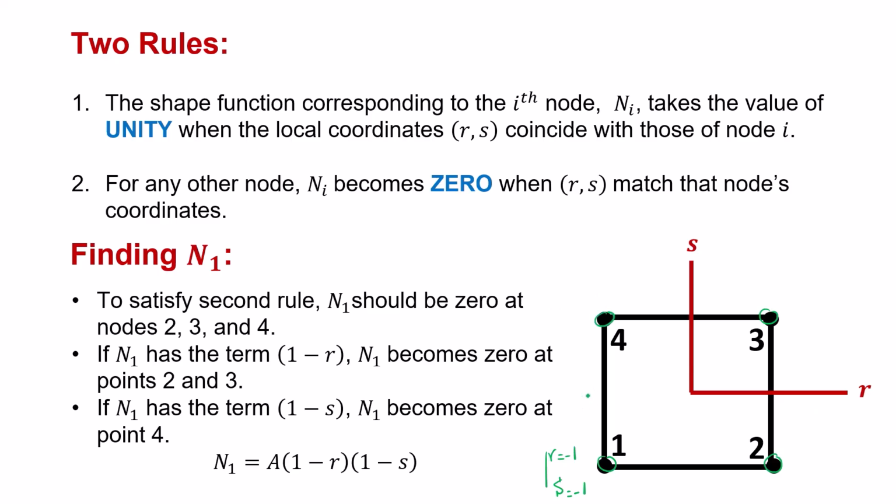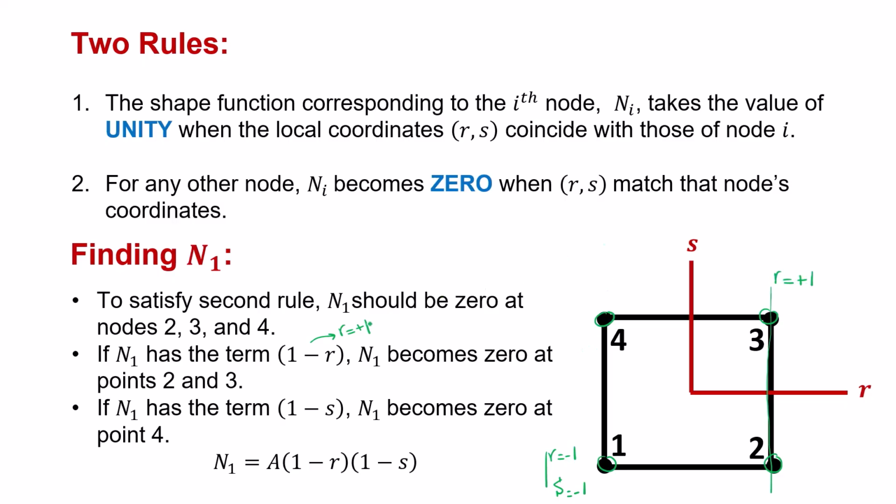So if we include the factor 1 minus r, or r equal to +1, in N1, it will automatically become 0 at nodes 2 and 3 because at those points r is equal to +1.